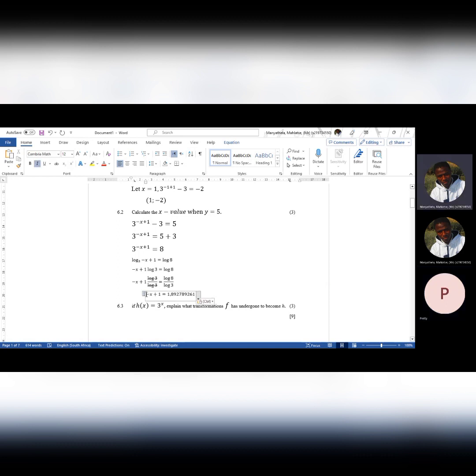Okay. Did you do log 8 over log 1? No, I did log 8 over log 3. Like this one? Yes. Because on my side it gives me 1.892789261. You should reset your calculator.